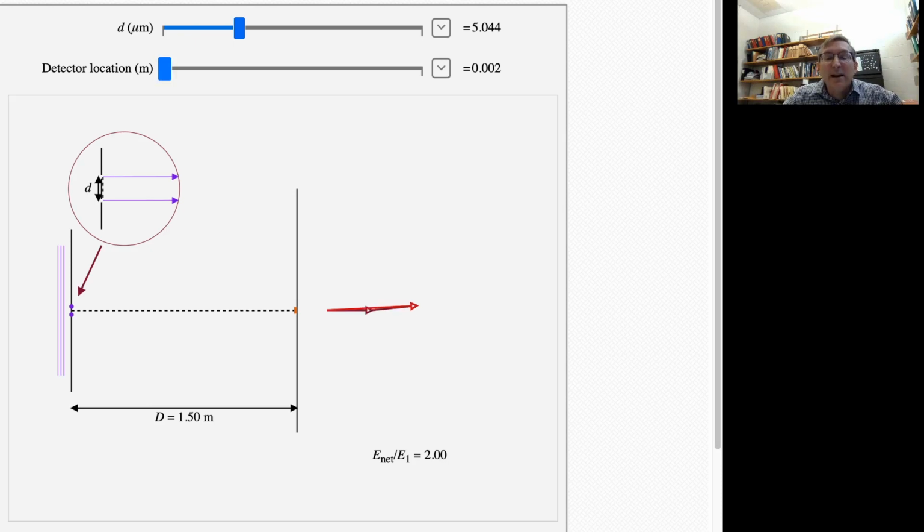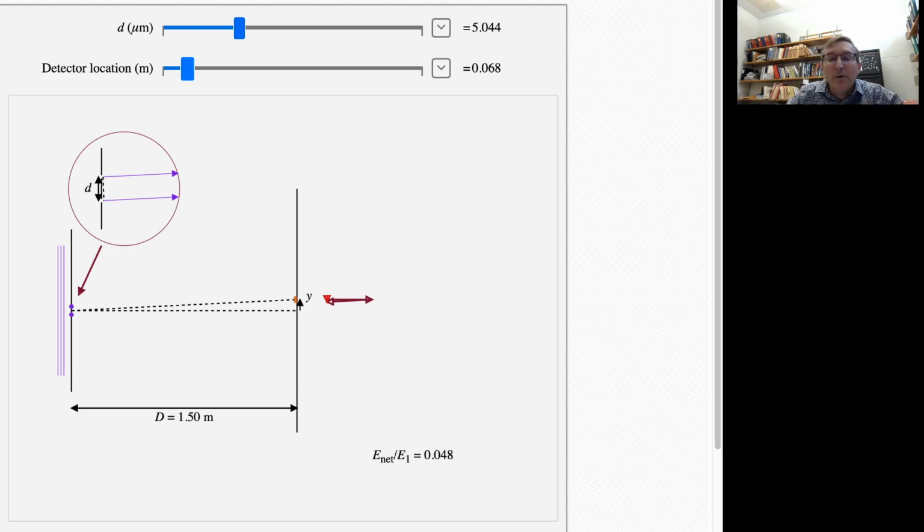Now I'm going to move the detector up on the viewing screen. And as I do, the phase difference between the two waves gets bigger. The corresponding electric field vectors are no longer in phase with each other. If I get them exactly pi radians out of phase, then they exactly cancel. And right now my point, P, is at a point of fully destructive interference.